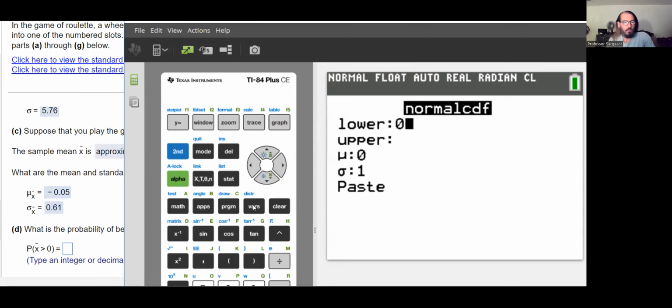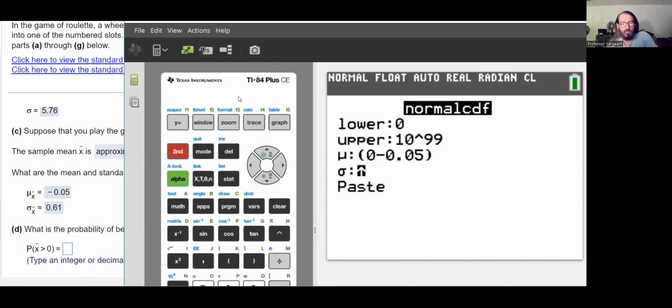Start with 0 as a finite lower bound and 10 to the 99 as an infinite upper bound. Mean of negative 0.05. And standard deviation. I'm going to use my previous answer instead of the rounded version, and let's see what happens.